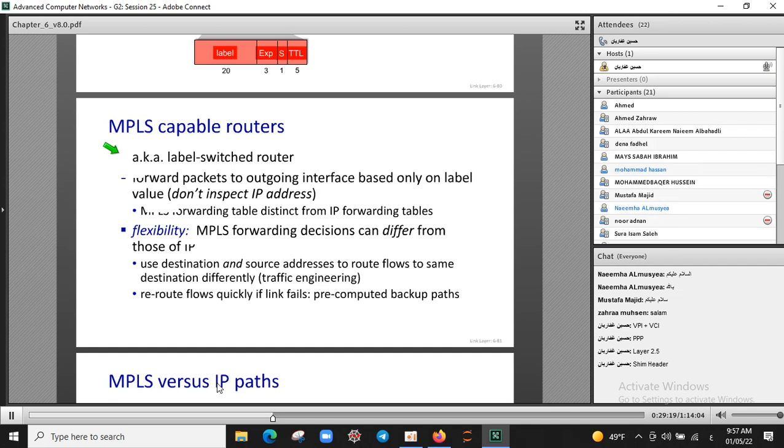So MPLS is a great platform. It can help the IP routers to forward packets very quickly. It can help me to set up backup routes. It can help me set up paths with traffic engineering capabilities. It can help me to set up paths with limited power consumption, with limited processing capabilities, something like that.